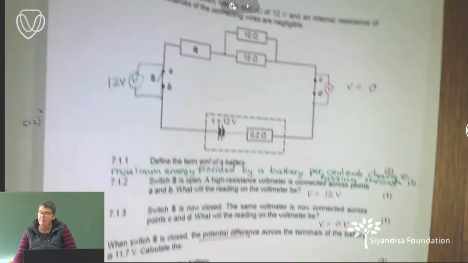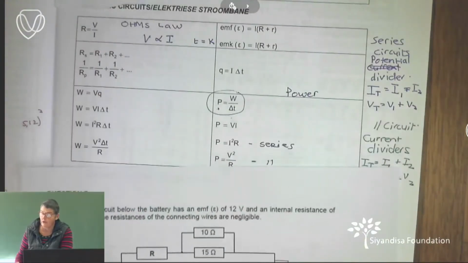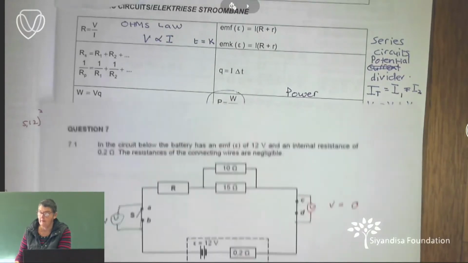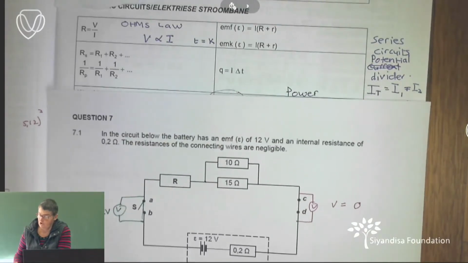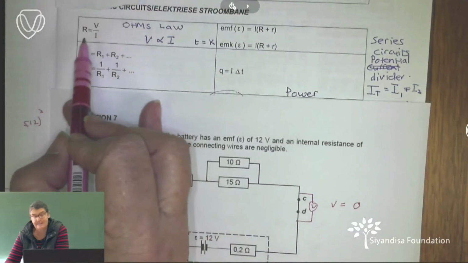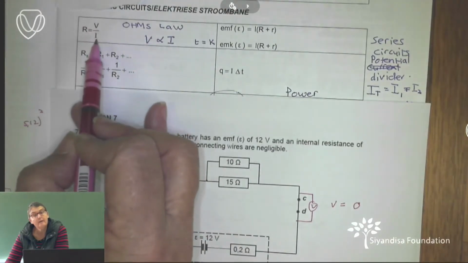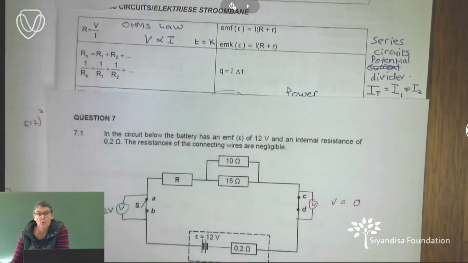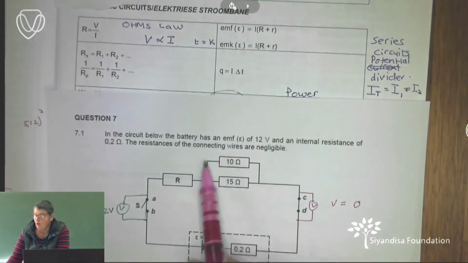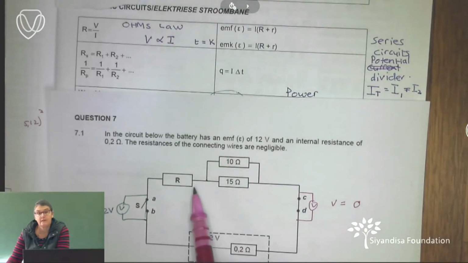Okay. Step number 1, let us go and look at our data sheet. Okay. When I look at my data sheet, one of the things I see I can use is R is equal to V over I. But I have a bit of a problem because, can you see, I can't work out the total resistance because I have got one resistor that I don't have the resistance for. Okay.